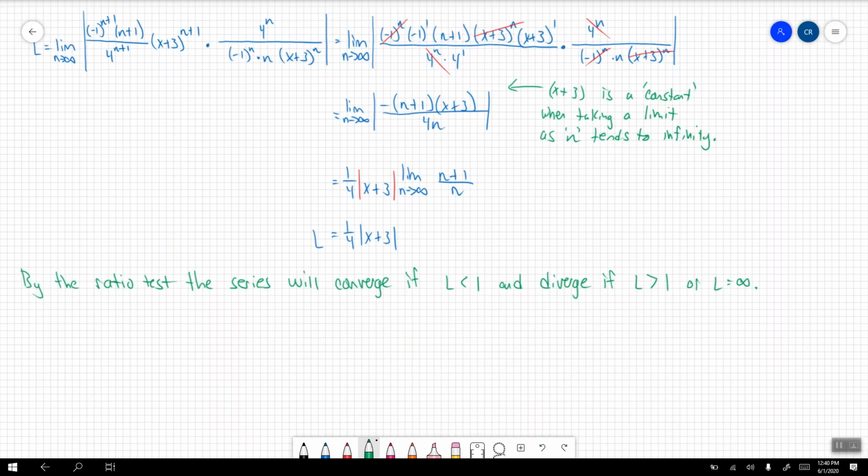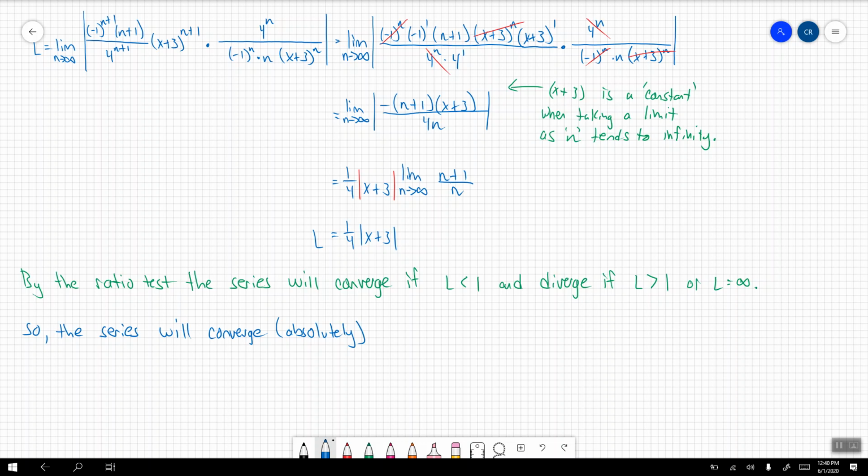Now, what does that mean for us if we're trying to find a radius of convergence? So, the series will converge, and this is an absolute convergence. Again, absolute convergence because of the ratio test.